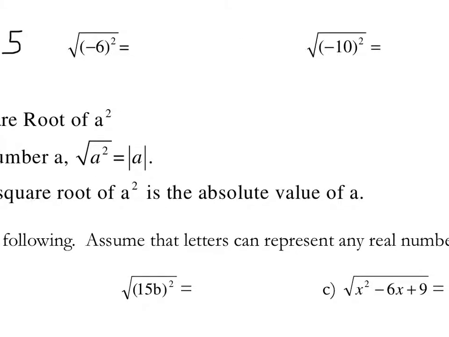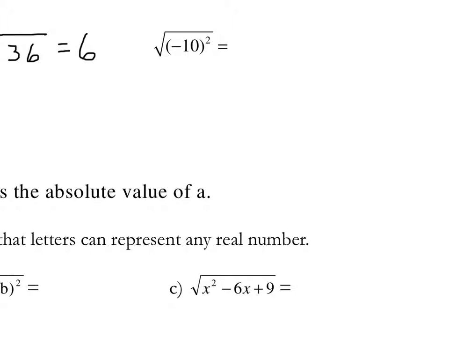What about the square root of negative 6 quantity squared? We're squaring negative 6, multiplying negative 6 times negative 6. That will give us a positive 36. When we take the square root of 36, we get 6, because we have to take the principal square root, the positive one. What about the square root of negative 10 squared? The square root of 100 gives us 10.